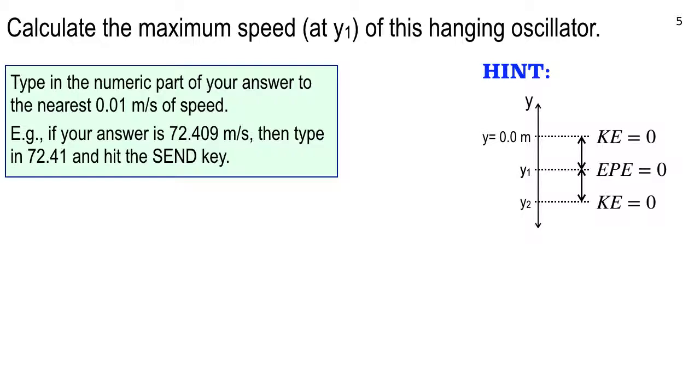And guess what? I don't see any correct answers yet. So that's a little bit of a hint. And I see one person with a negative answer. If I ask for a speed, just give me a positive number.